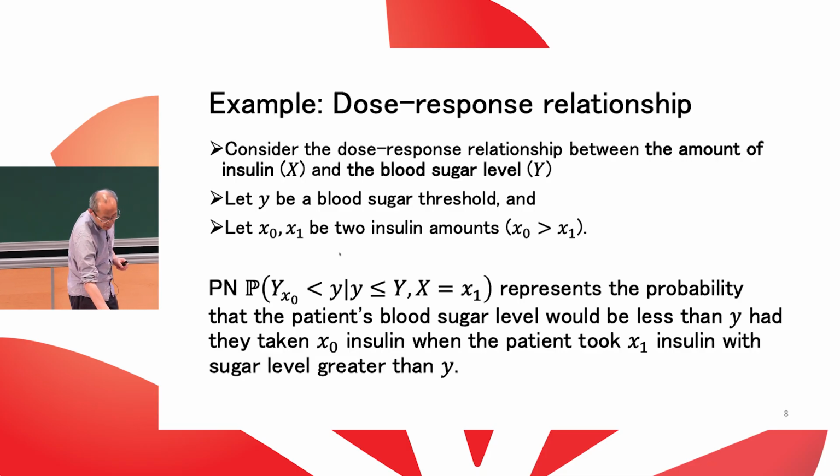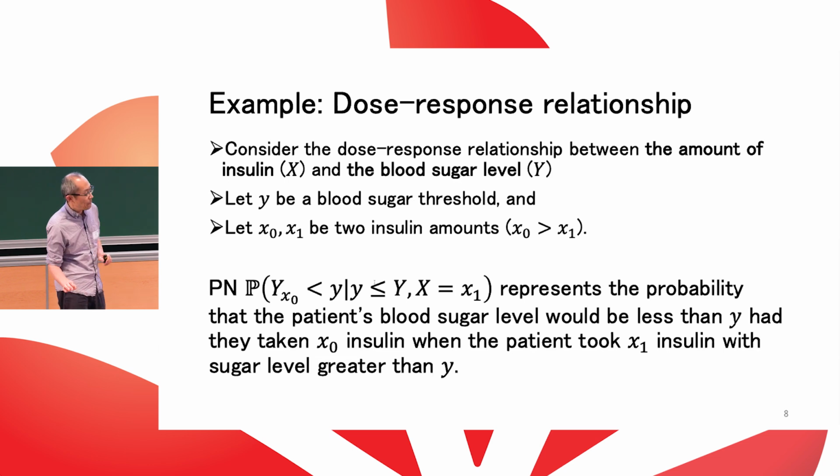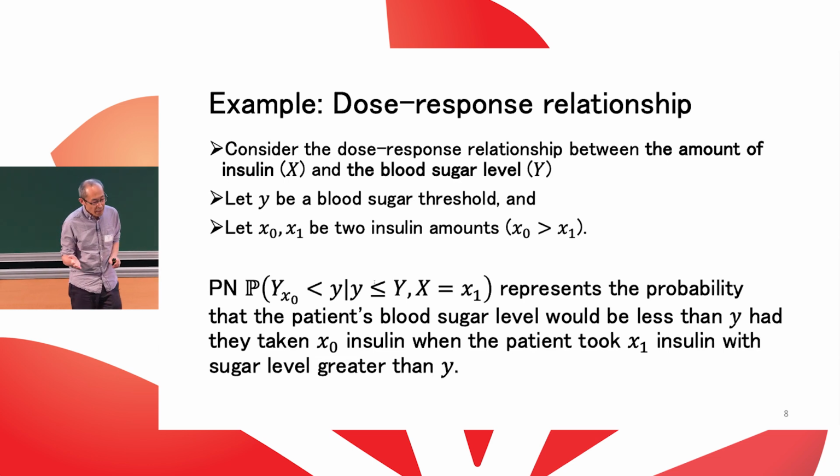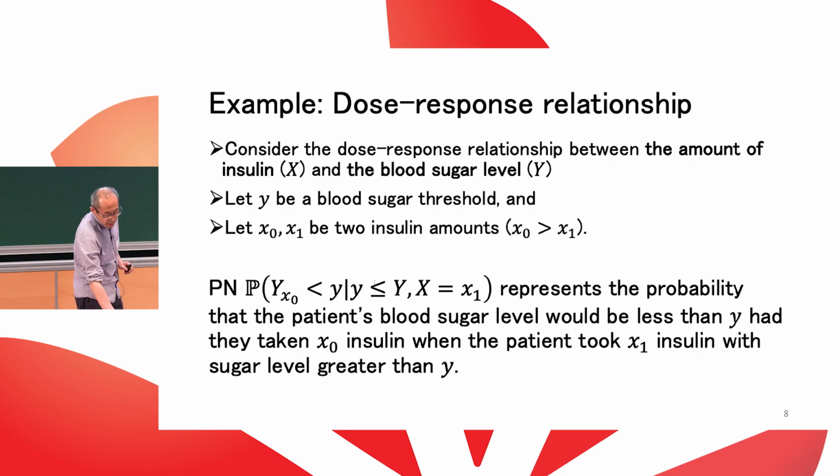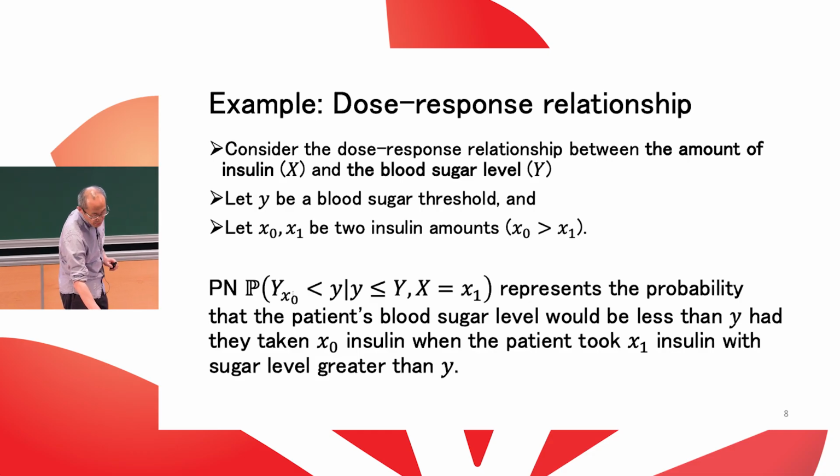So if you think about this quantity, the probability of necessity: given that currently the patient took this small amount x1 and has a blood sugar level greater than y, we ask the question, had the patient taken a larger amount x0 of insulin, what's the probability that the blood sugar level would now be less than y?